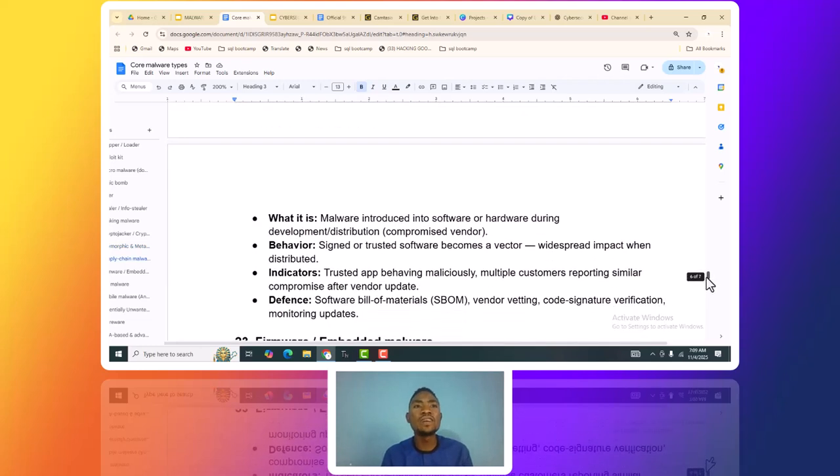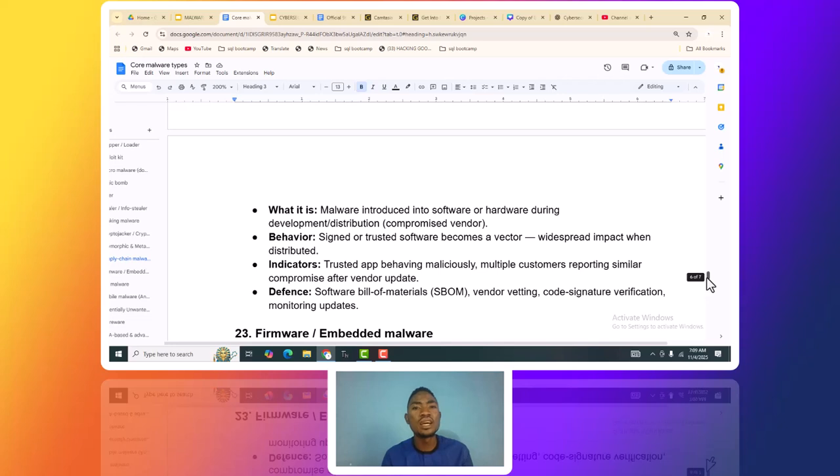Indicators include a trusted app behaving abnormally or acting maliciously, or multiple customers reporting similar compromise after vendor updates, like what happened with Microsoft during one of their updates last year, which caused the blue screen effect. It's one of what we call supply chain malware.